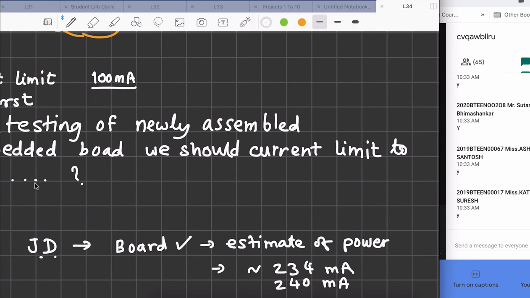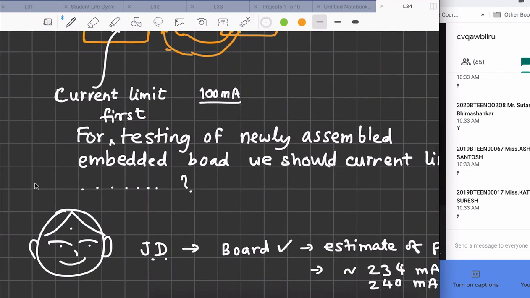Okay, so what is the value of current limit she should set? Are you getting the point, Priyanka? Are you understanding the problem?